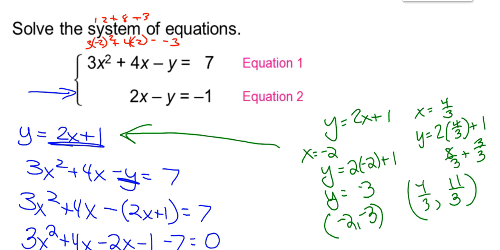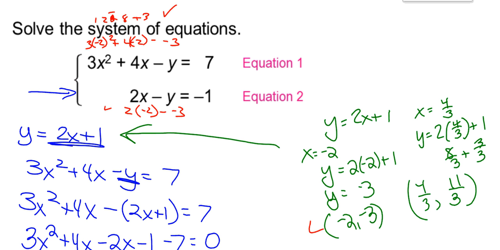Oh, I must have done something wrong. Oh, that's -8, right? And then plus 3. So 12 minus 8 is 4. 4 plus 3 is 7. So that works in that one. And then I'll do it here. 2 times negative 2 minus negative 3 is negative 4 plus 3 is negative 1. So that works. So that one checks out.